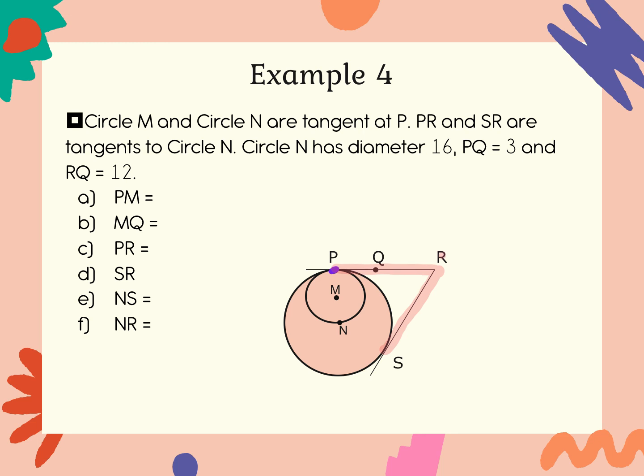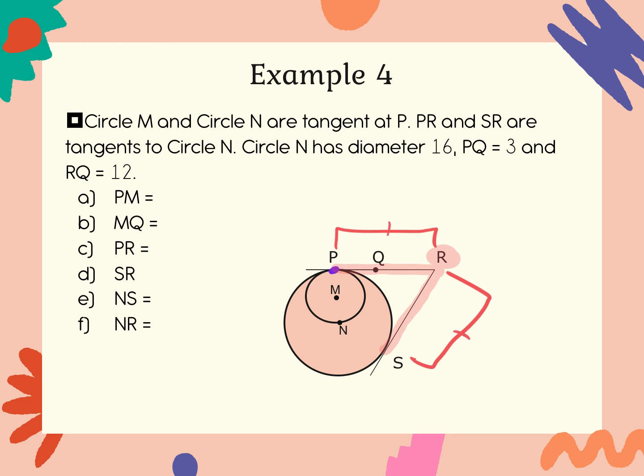Notice they're both meeting at the same common external point. So we learned a theorem that when two tangent segments meet at the same common external point, this tells me that PR is going to be congruent to the SR. So these are going to be congruent.